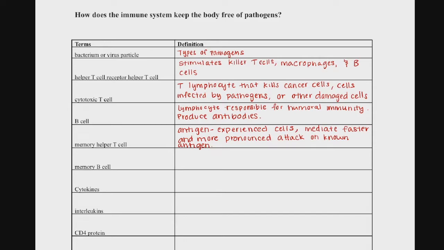Okay, a memory B cell is a type of B lymphocyte, also part of the adaptive immune system. They develop within germinal centers of the secondary lymphoid organs.